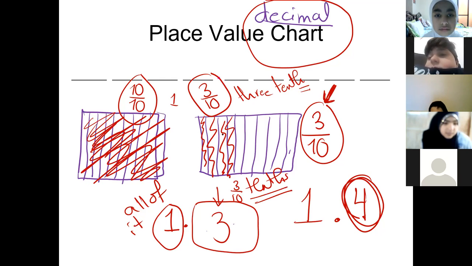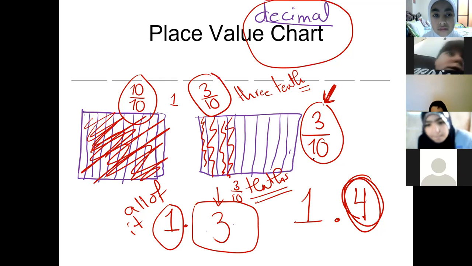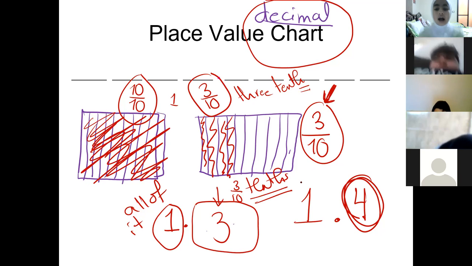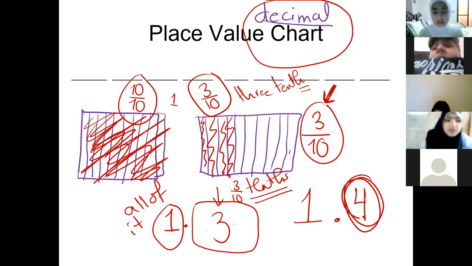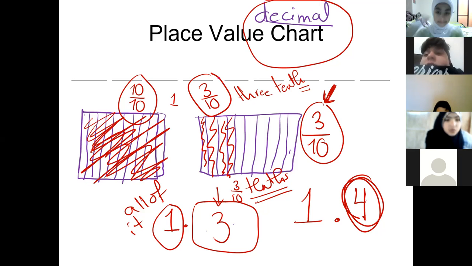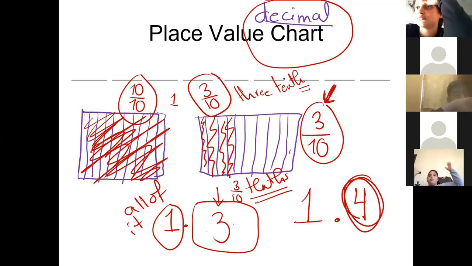If we divide it into 100, it has to be hundredths. If we divide it into 1,000, thousandths, and so on. So the decimal part always represents a fraction, according to the fraction. The decimal part represents what? Fraction. Whereas the whole part represents what?